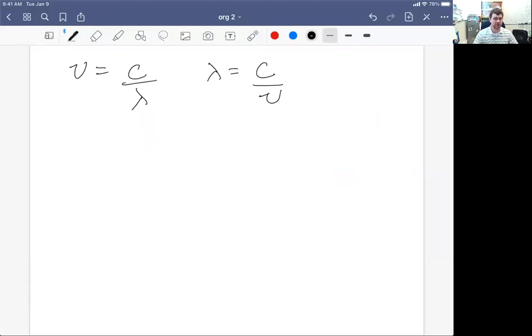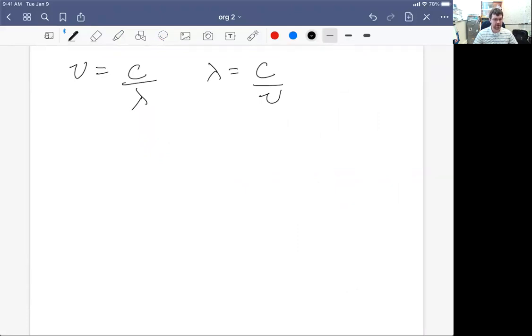You could solve this for any frequency or lambda that's provided. This is a very useful formula, definitely highly important.